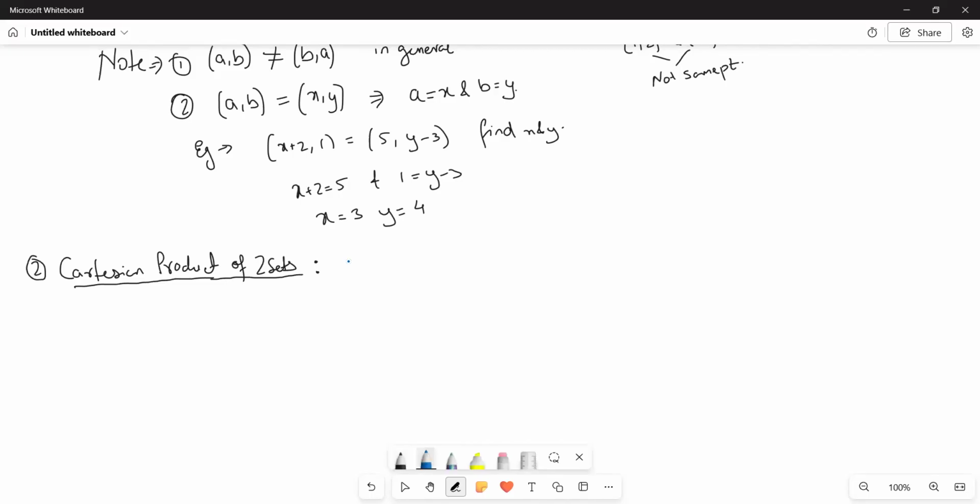The Cartesian product of two sets is defined as the set of all possible pairs that can be created from the elements of the two sets.